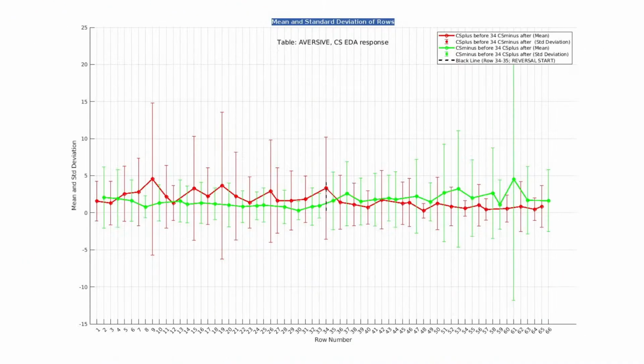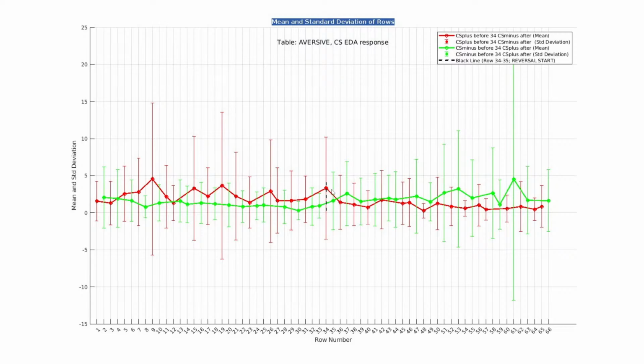Now let's look at the aversive EDA response. For the EDA also, we can say the conditioning happens almost at once. Almost at once the CS plus becomes higher than the CS minus, and this also happens during the reversal.